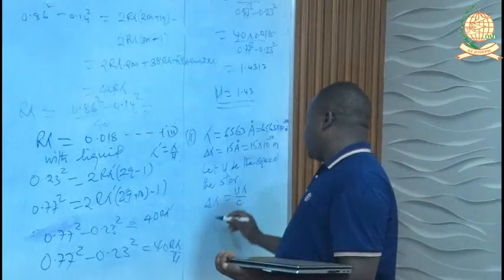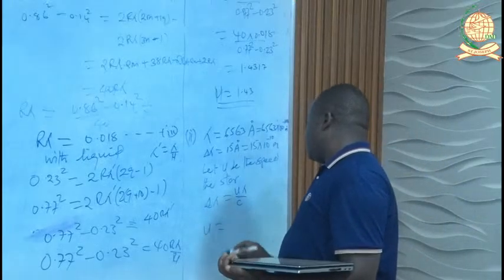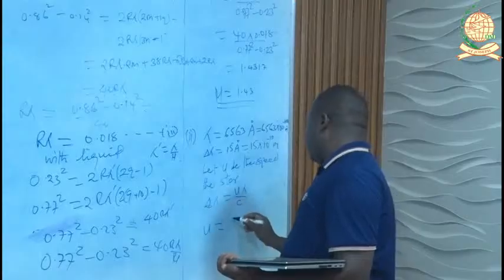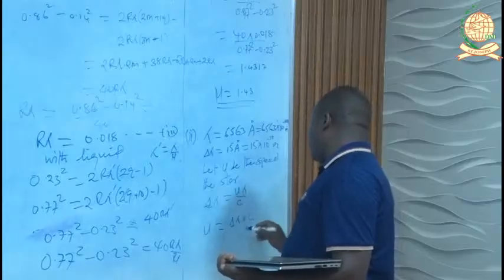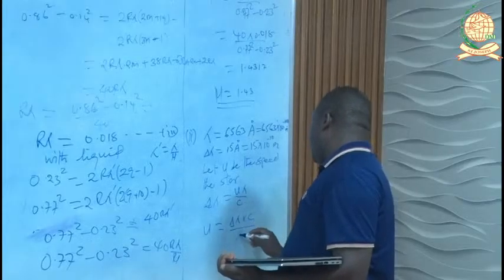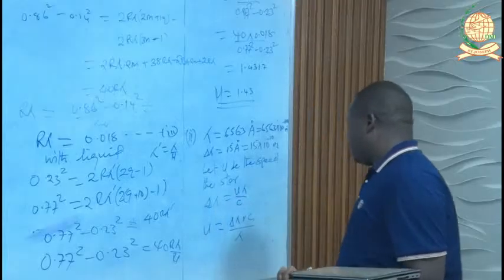So we are looking for this speed of the star. This will be equal to the shift in the wavelength times the speed of light divided by the wavelength of light.